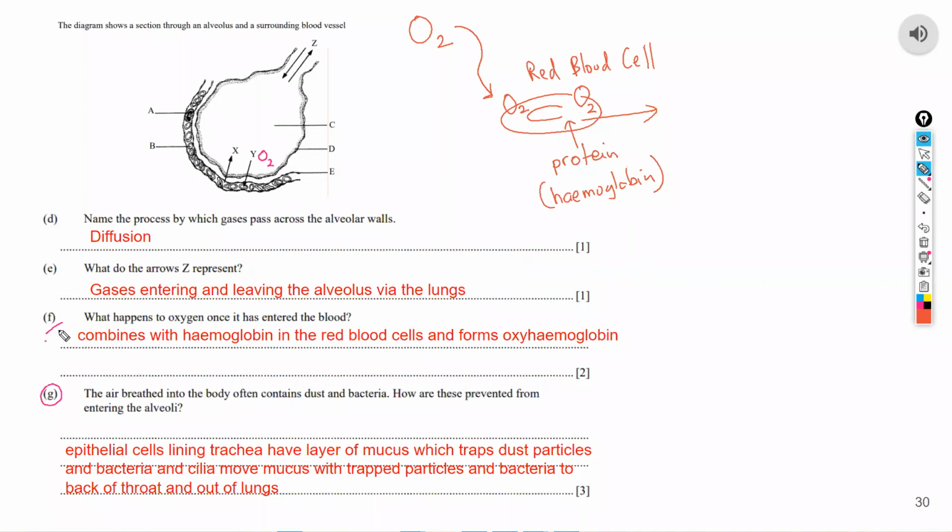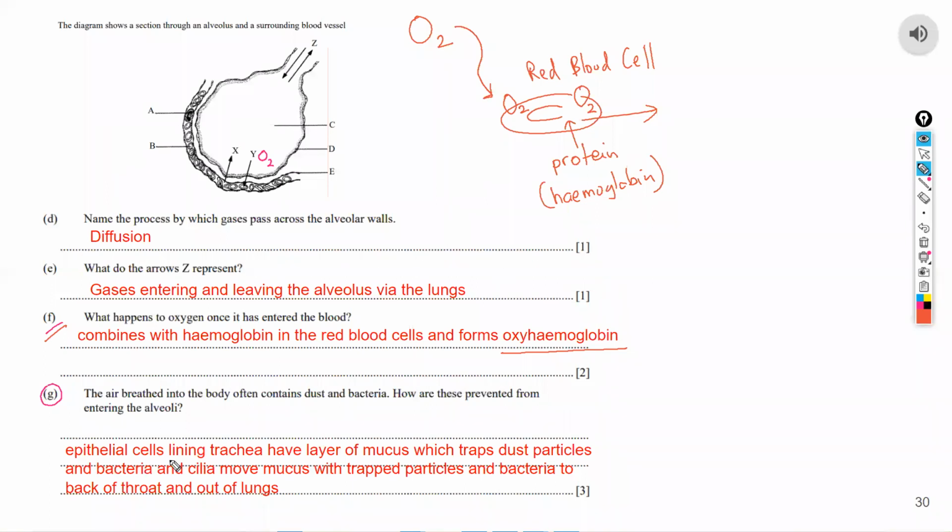So that's the short answer here: the oxygen combines with the hemoglobin on the red blood cells and forms a special compound. And the name actually makes sense. When oxygen combines with hemoglobin, what could be a better name? Oxyhemoglobin, right?